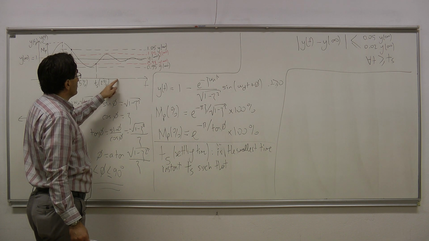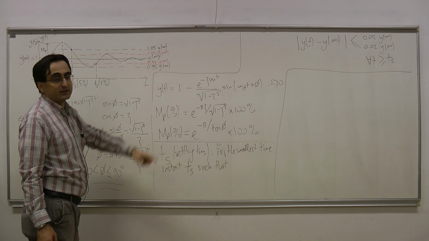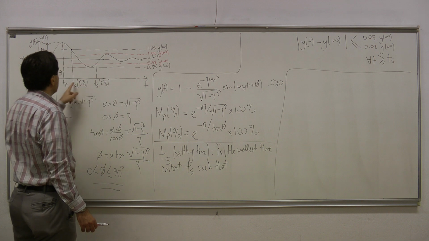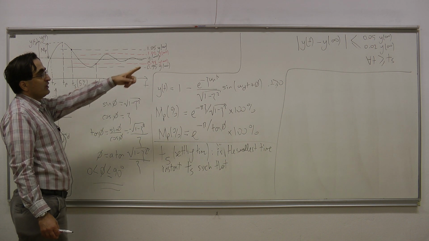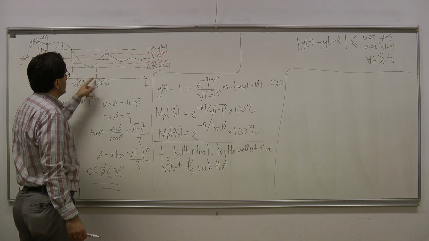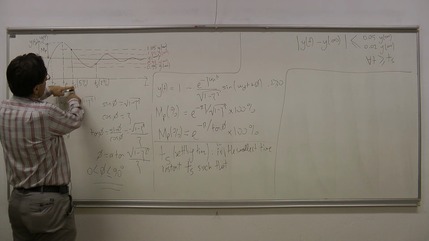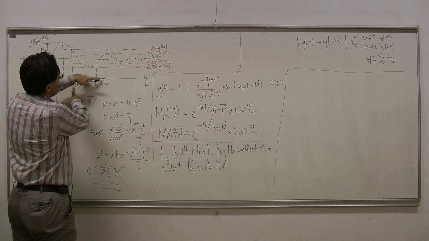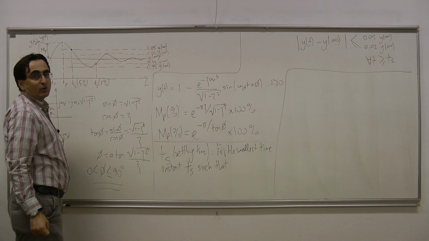Okay, so there are infinitely many such ts values which are satisfying that condition. But here I'm looking for the smallest such ts value for each of the percentages. If I find my settling time value, any larger value than that settling time value would satisfy that inequality.